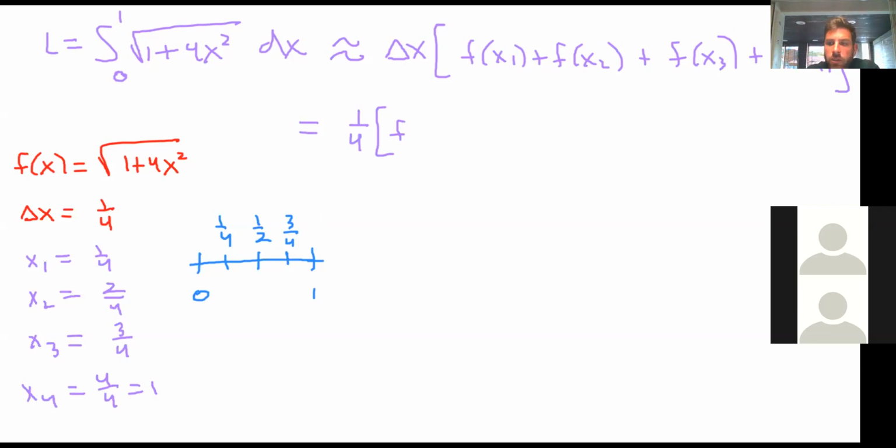Anybody have a question or a comment? So that means I have to plug 1/4 in here plus 2/4, which is the same as 1/2, plus 3/4, and then lastly plus 1.